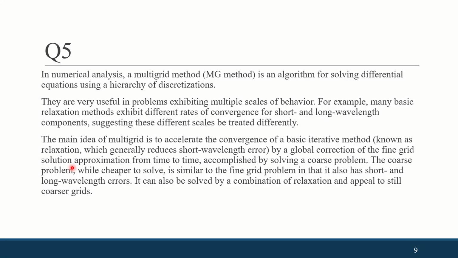We are moving from a finer grid to the coarser grid, and thereby we are solving the equations and getting the errors or dampening the errors, and using the dampened error again in the finest grid, and moving further for the calculations.